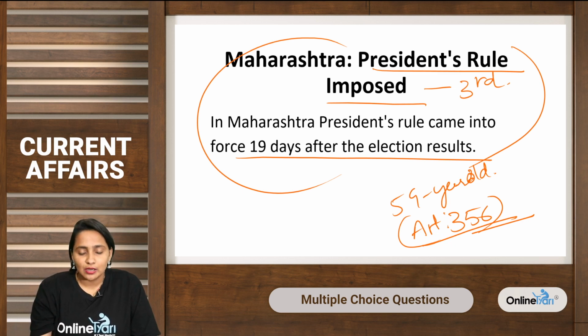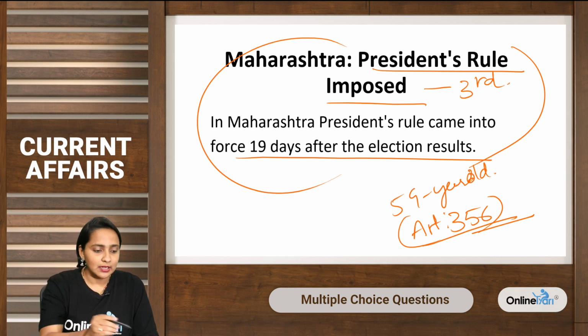Such questions are asked in exams, like which of the following states is under President's rule, or recently Article 356 has been announced in which of the following states. So this might be one probable question, so you may please make a note of this.